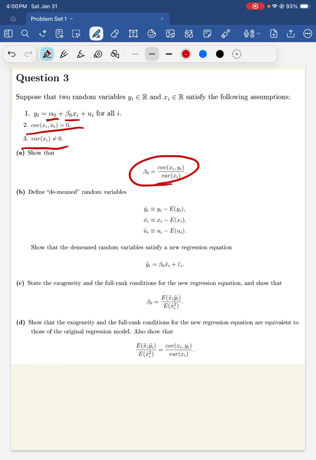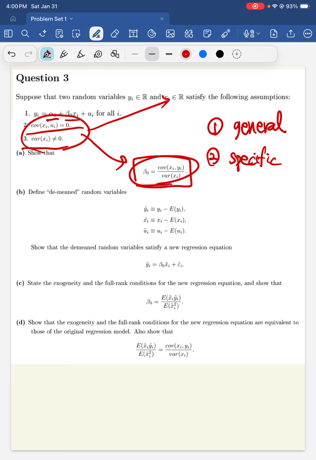For example, first is using a general theorem, or the second possible approach is using just specific assumptions, right? Directly proving from here to there. Or the general theorem approach is using these assumptions to verify the general theorem and then bring the general theorem's result to this one.